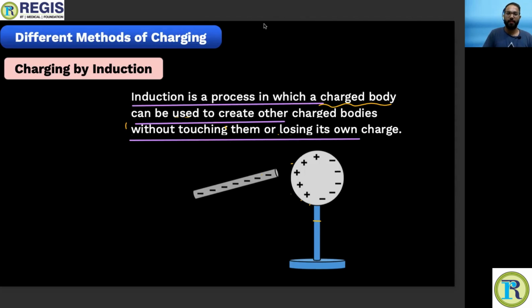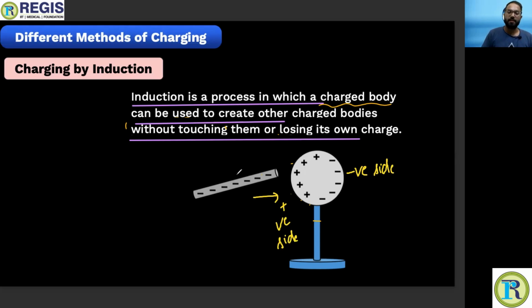Again, I'm repeating the same point: when we take this negatively charged rod towards this, finally we can say there is a negative side and a positive side.